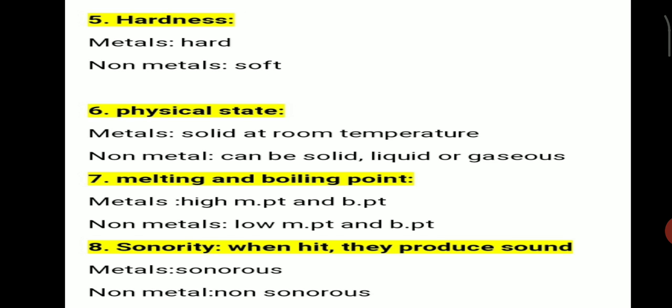The strings of musical instruments are all made of metals. When they are struck, they produce sound. So metals are sonorous in nature. What about non-metals? They are non-sonorous. They do not produce sound when hit with an object.